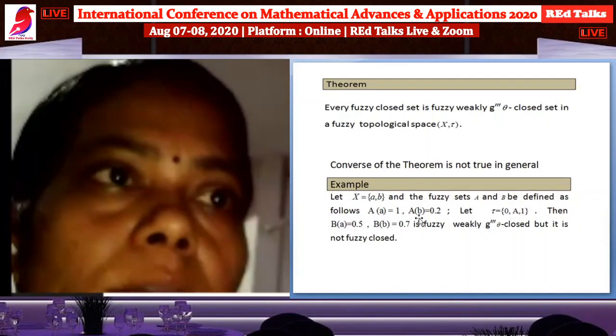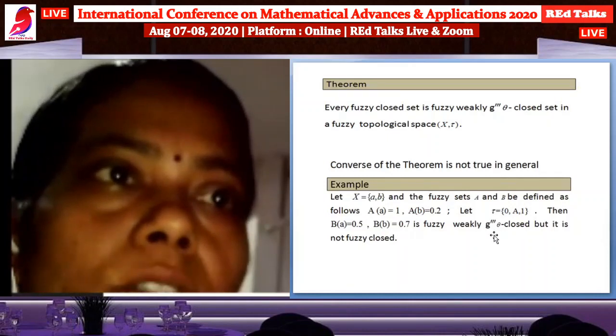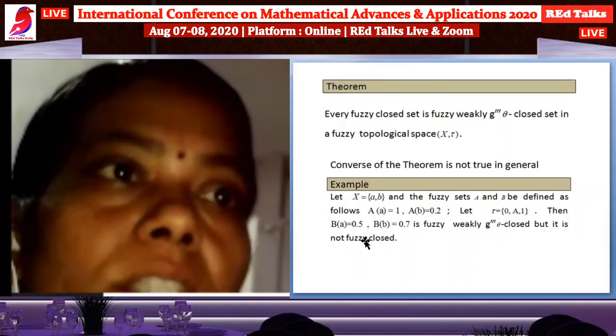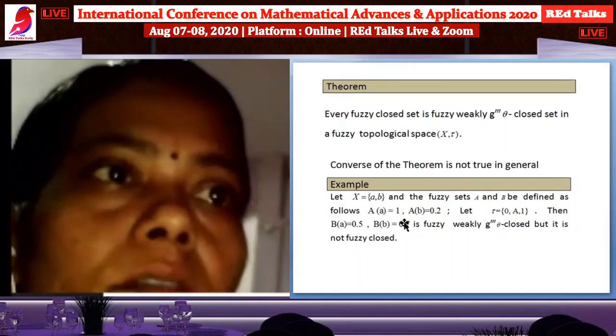Let X equal to {a, b} and the fuzzy sets A and B defined as A of a equal to 0.1, A of b equal to 0.2, tau equal to {0, A, 1}. Then B of a equal to 0.5, B of b equal to 0.7 is fuzzy weakly G triple dash theta closed, but it is not fuzzy closed.